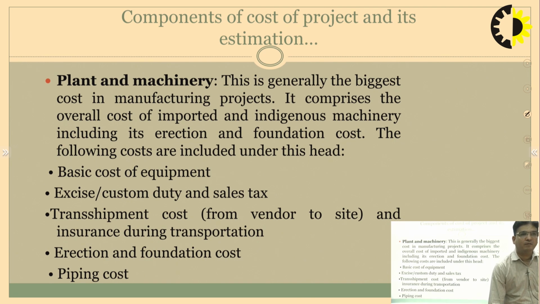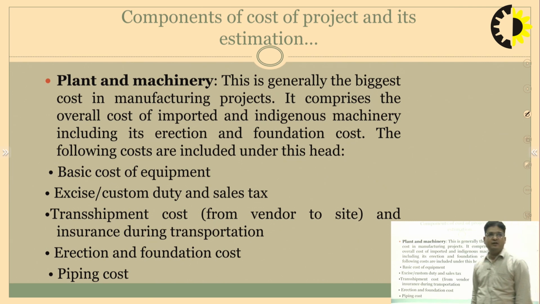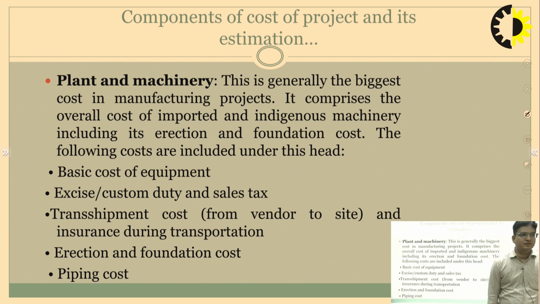Next is plant and machinery. This is the biggest cost in a manufacturing project. It comprises the overall cost of imported and indigenous machinery, including its erection and foundation costs. Now, the machinery may be imported from outside.